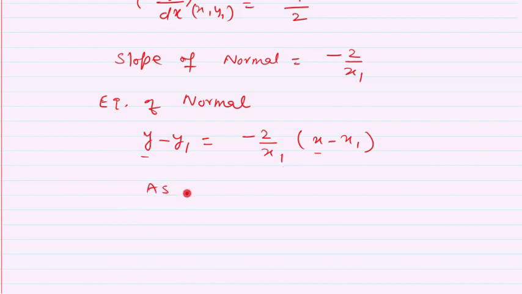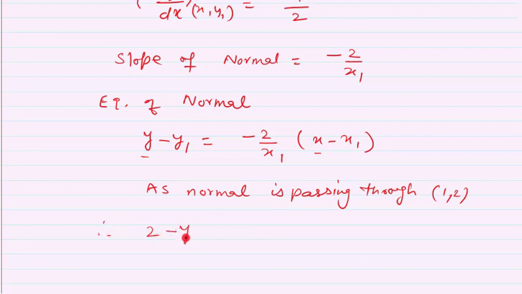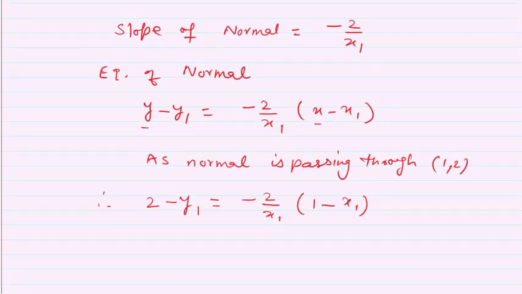So as normal is passing through 1, 2, therefore we have 2 minus y1 is equal to minus 2 upon x1 into 1 minus x1. We have replaced this x and y with 1, 2, which is the passing point of the normal.